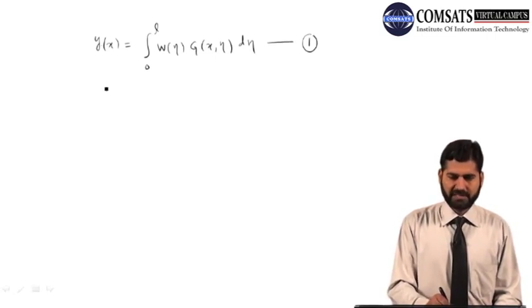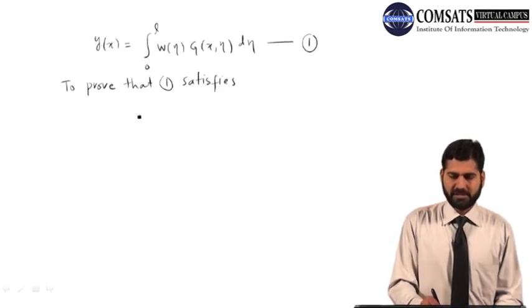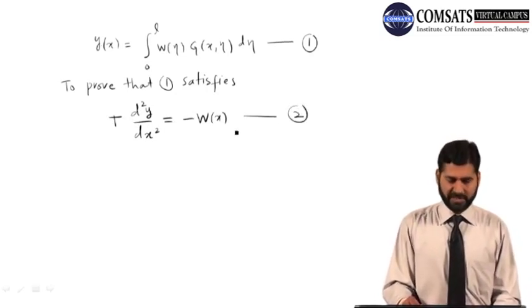We need to prove that this is a solution, that 1 satisfies d²y/dx² times EI equal to minus w(x). Let's call this equation number 2. So we need to satisfy this one.